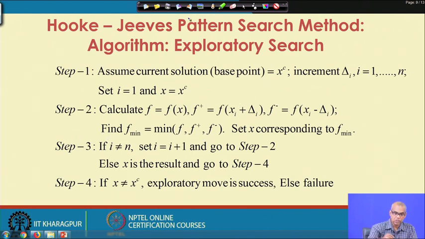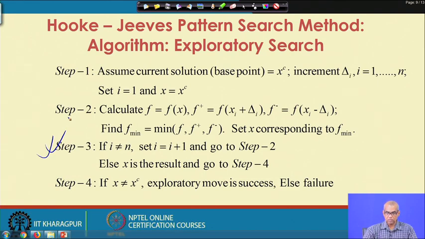Now, in step 3, we check if I is equal to n or not. If I equal to n, that means you have perturbed all the variables. So, if I is not equal to n, set I equal to I plus 1 and go to step 2, where we perturb in the other directions and find the minimum and set x corresponding to f minimum.